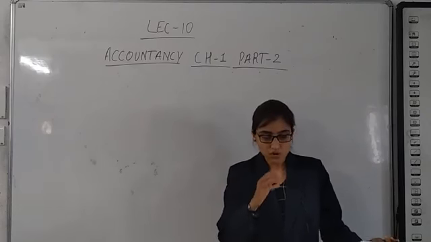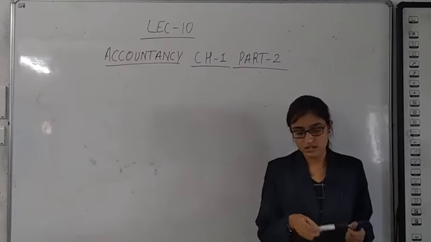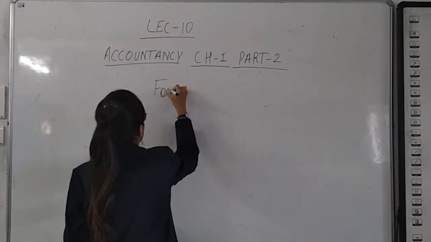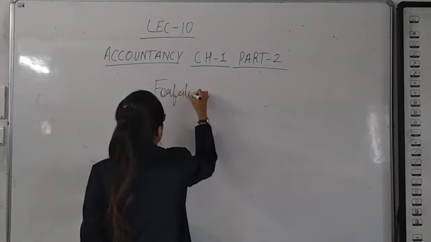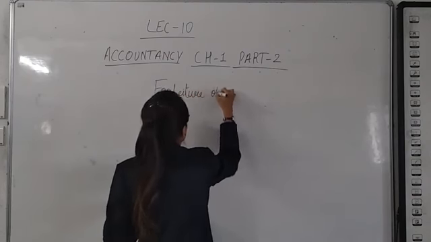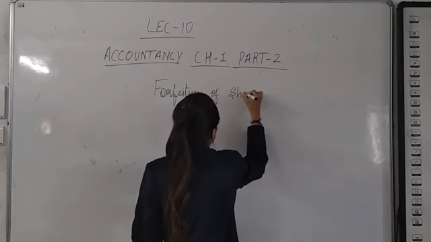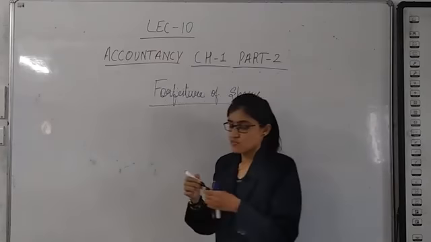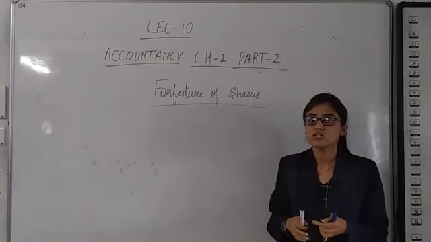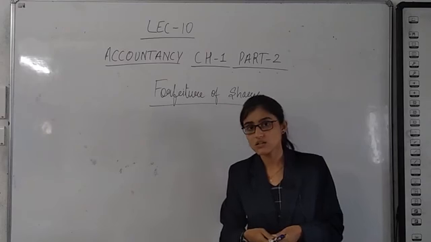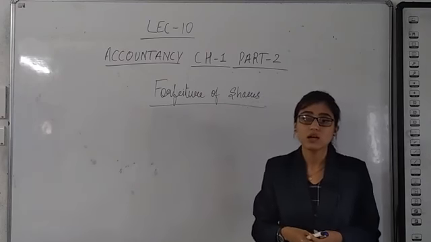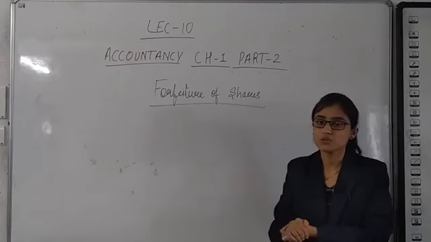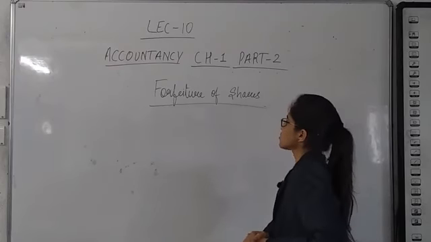What does this mean? I forgot to mention that we have also understood the concept of calls in arrears and calls in advance. Okay, so coming back to the topic, forfeiture of shares.